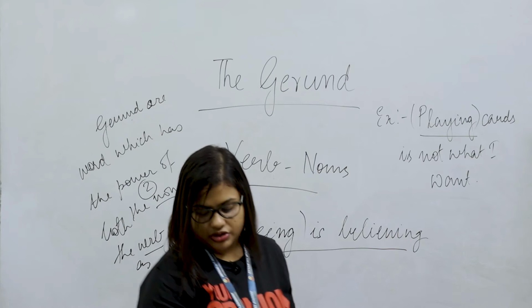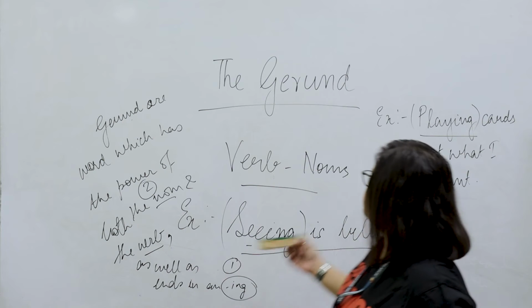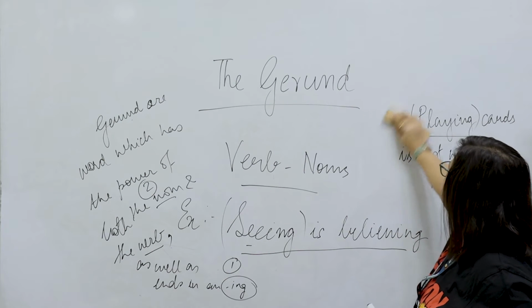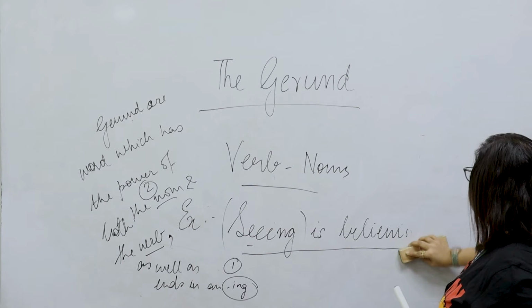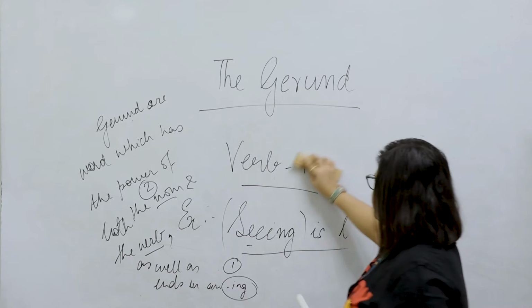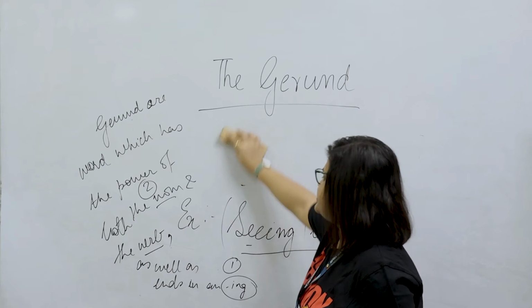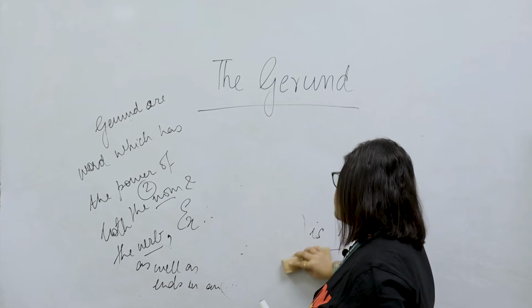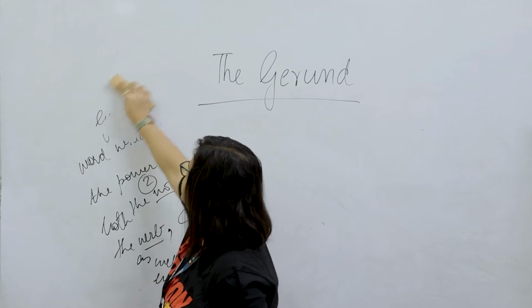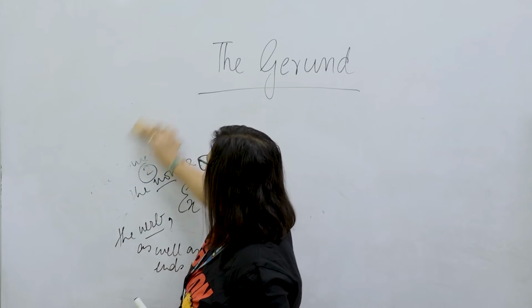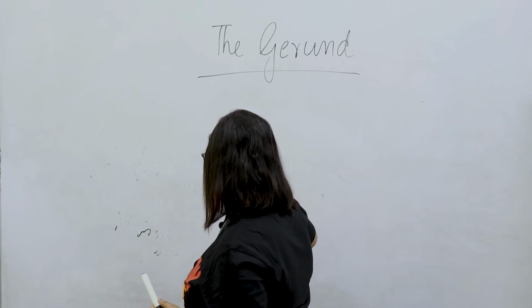Now when we are using it in this way, often we are confronted with the question, what is the difference with the participle? However, let me tell you, there are cases in which there is not much of a difference between a gerund and a participle. It mostly depends on how we are using it in the sentences.